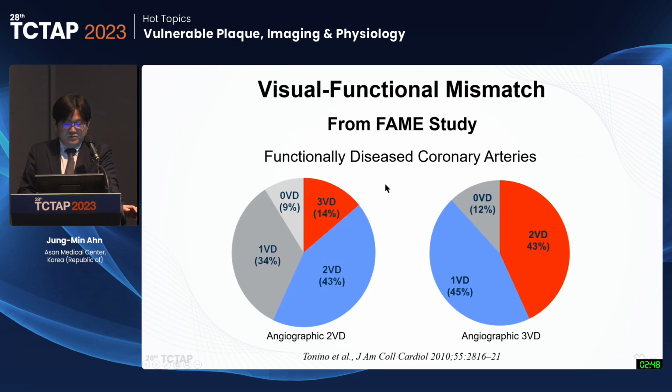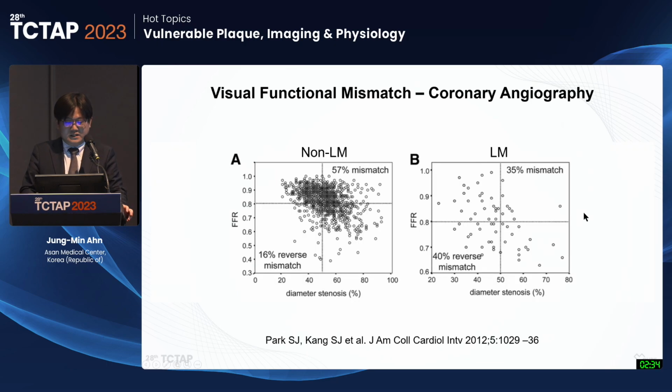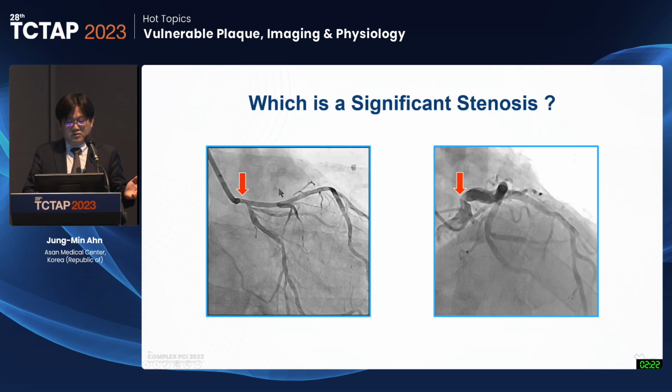In the FAME trial, with anatomically triple vessel disease, only 14% had truly triple vessel disease, and with two vessel disease, only 43% had two vessel disease. We also evaluated the visual-functional mismatch in non-left main and left main, and there is a large mismatch between the coronary angiographic diameter stenosis and FFR. Particularly in left main, the disease looks diffuse, but the angiographic diameter stenosis is not severe because of the diffuse disease.